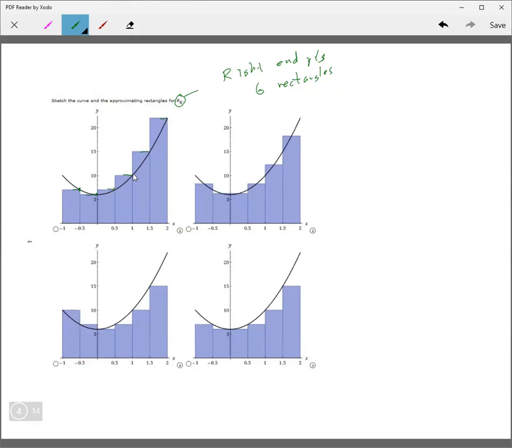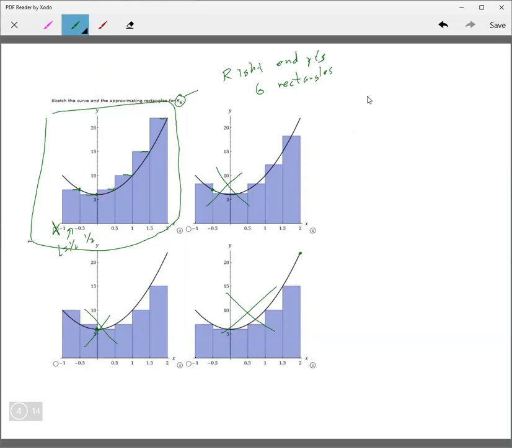This one's not using the right endpoint, so that's out. This is not using the right endpoint, so that's out. This one is definitely not using the right endpoint, so that's out. So it's going to be this first one right here. Now here, these lengths are 1/2, so you have to be a little bit more careful.